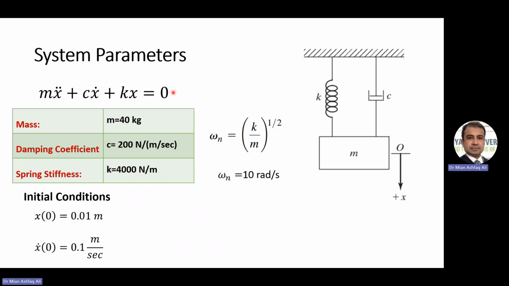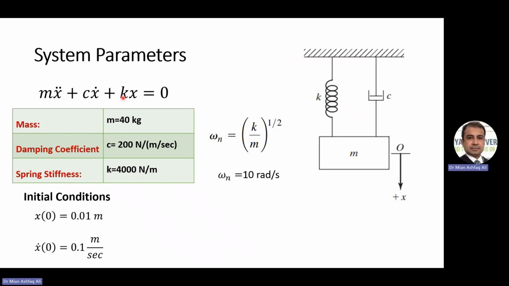So we are considering this as a general equation of motion, and then we are using those three values for a real life example. We have the value of mass, the value of damping coefficient, and also the value for the spring constant.